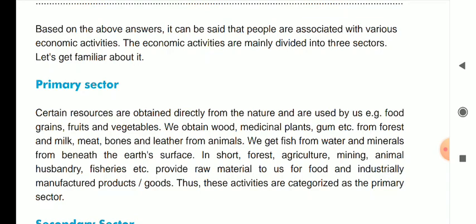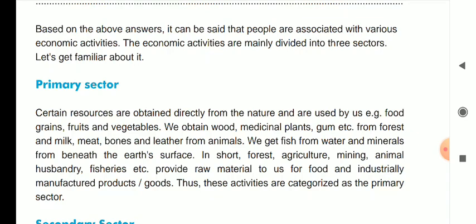We obtain wood, medicinal plants, gum, etc. from forests, and milk, meat, bones and leather from animals. We get fish from water and minerals from beneath the earth's surface.